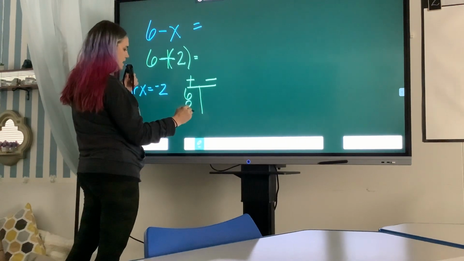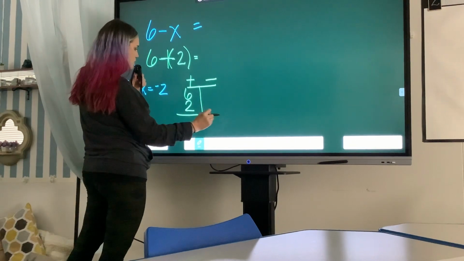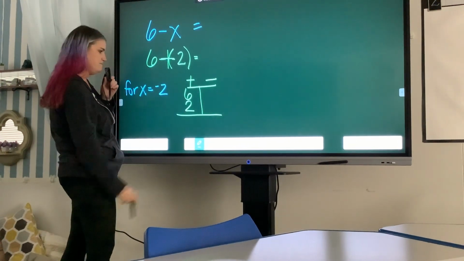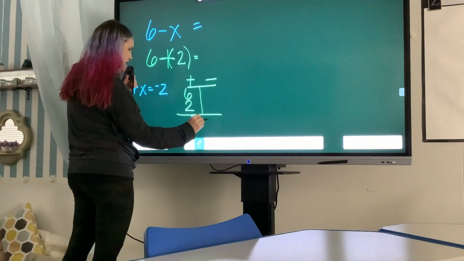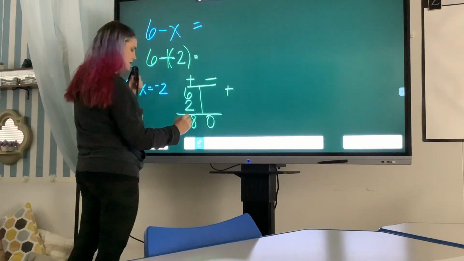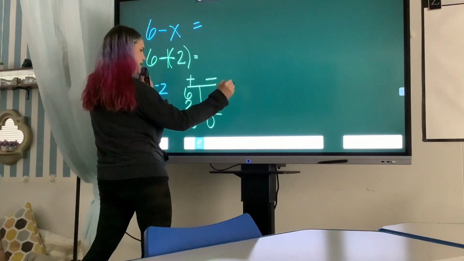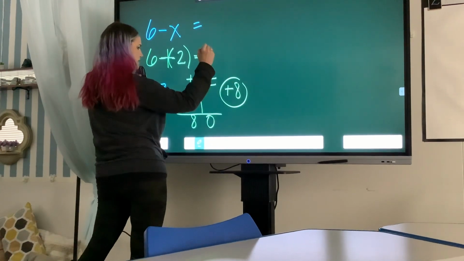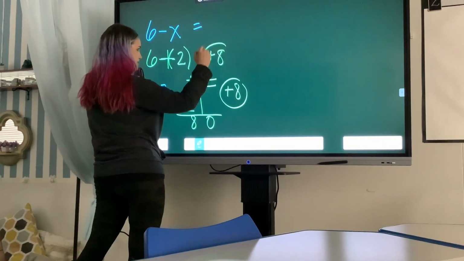Either way, the team that gets those 2 points is the positive team. So the final score is 8-0 with the positive team winning, and they won by a total of 8 points. Again, just goes to show how much we love the number 8 today.